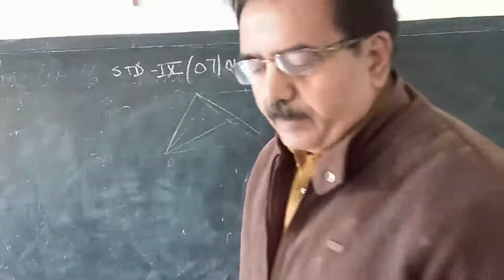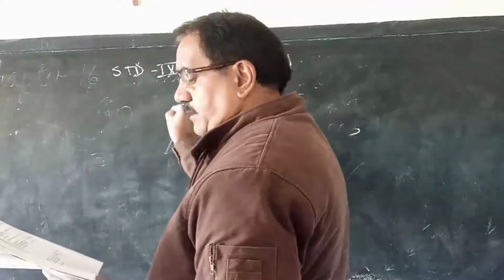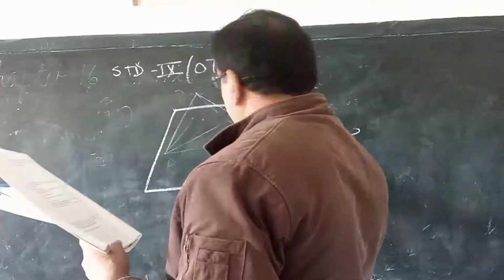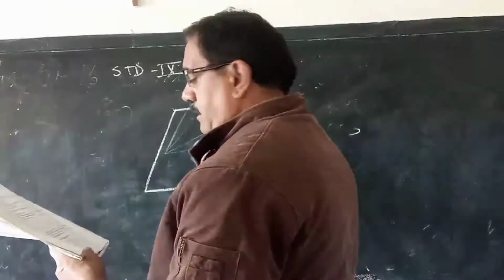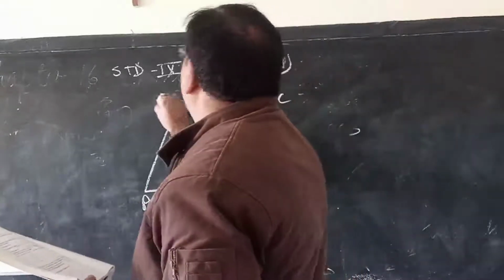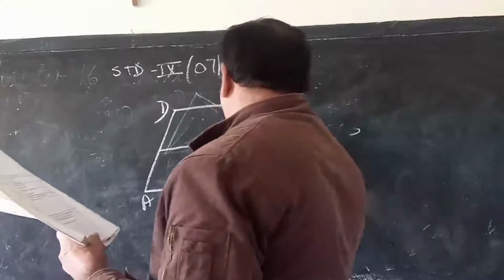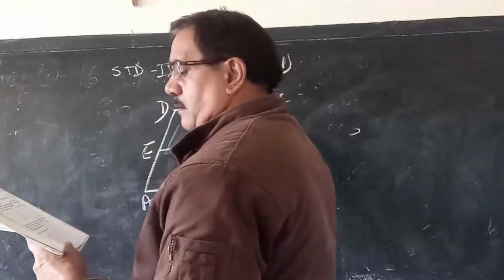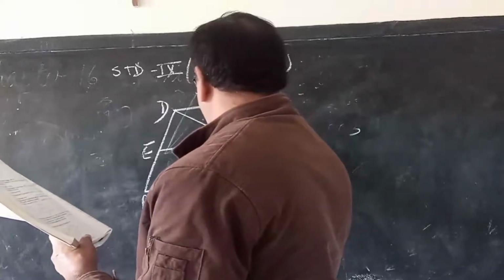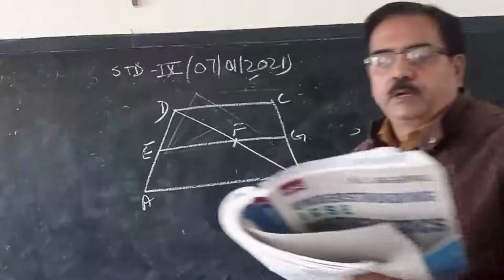So I hope you can solve some questions. Now see this question, a trapezium is given, ABCD. What do you have to prove?